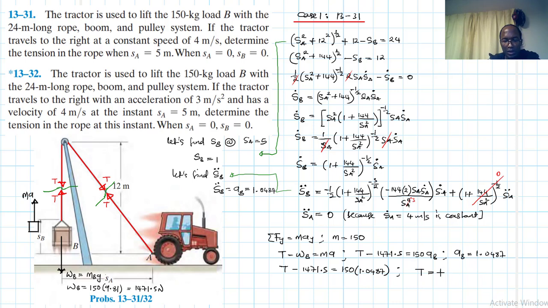So T is 1628.81 newtons. So 1471.5 plus 150 by 1.0487, 1628.81. So this is the tension in the rope when SA is equal to 5.